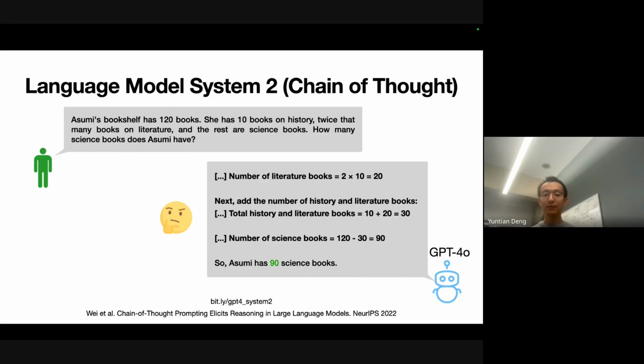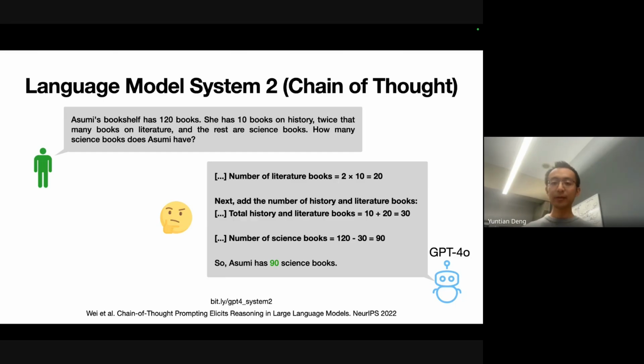And I will not go into details because this is a really simple grade school math problem. But the answer and the reasoning process given by GPT-4 is exactly correct. So I say language models today are pretty successful at doing system 2 reasoning.